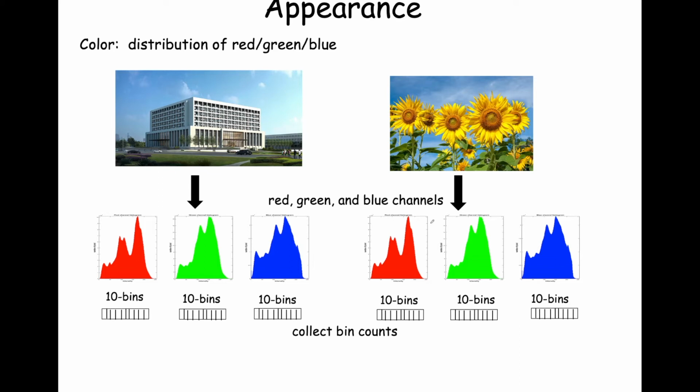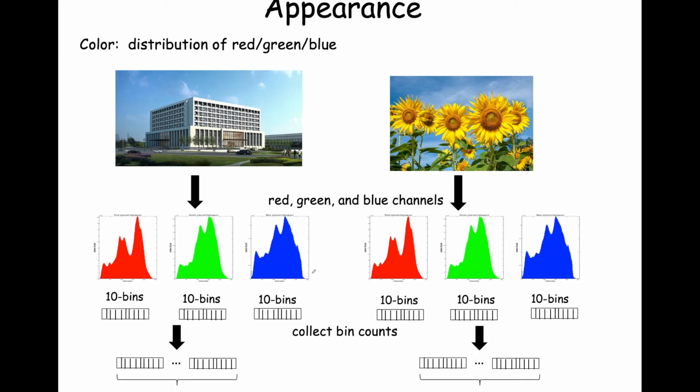So that's 10 bins for red, green, and blue color channels for the intensities in red, intensities in green, and the intensities in blue. So then we collect these bin counts and we concatenate them to form a single vector. Because we have a contribution of 10 bin counts from red, green, and blue color channels for these 10 histograms, respectively, for each one of the color channels, we put them together and we form a single 30 vector.